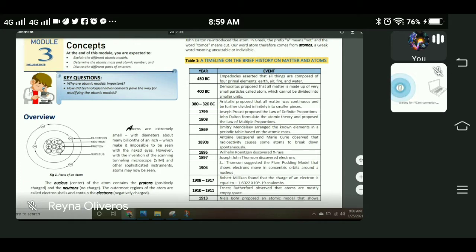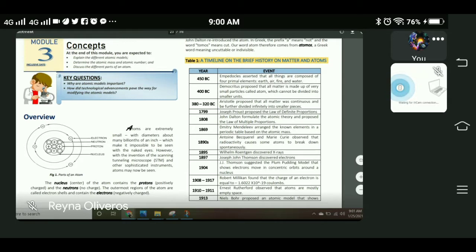In 400 BC, Democritus proposed that all matter is made up of very small particles called atoms, which cannot be divided into smaller units. While in 380 to 320 BC, Aristotle proposed that all matter was continuous and could be divided indefinitely into smaller pieces. So there is a contradiction in this history.